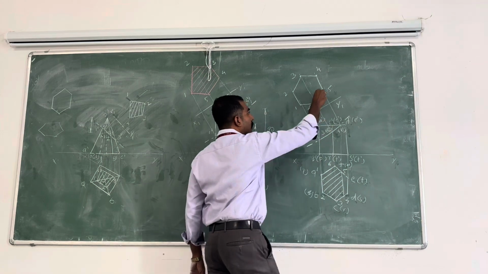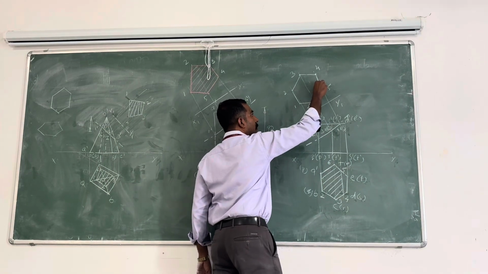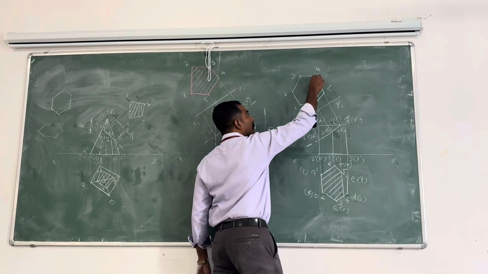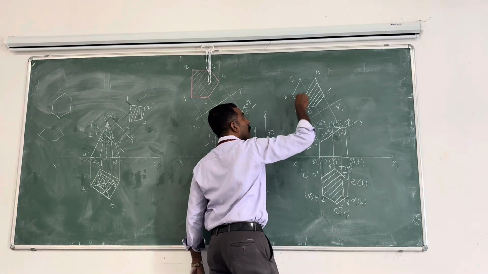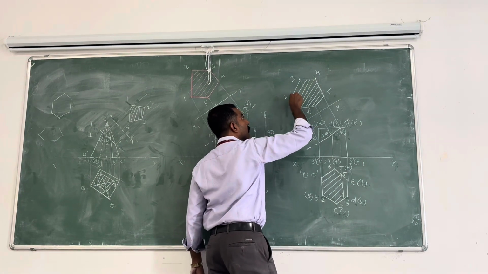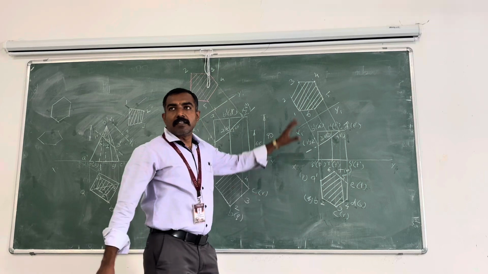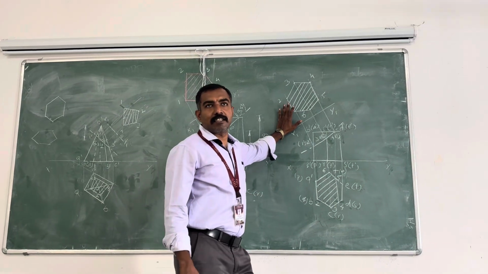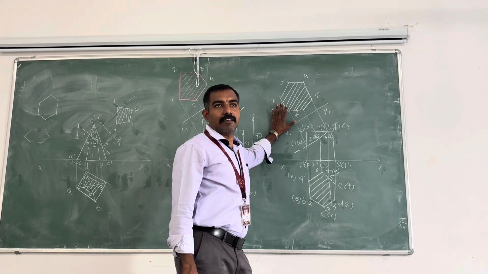Now I will draw it with a 45 degree line. So this is the true shape of the section. Now, do you understand?